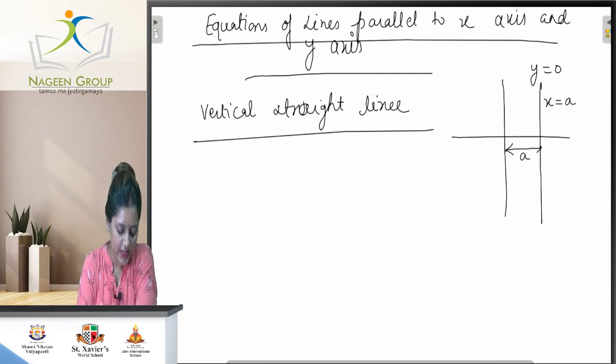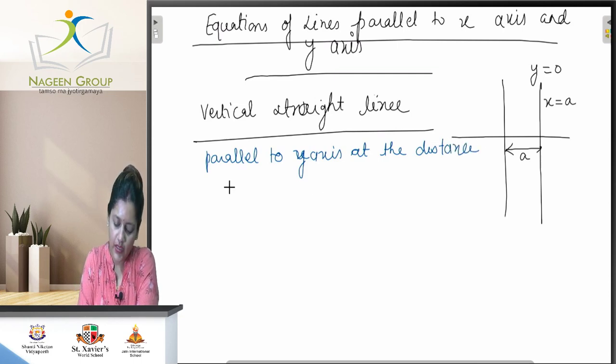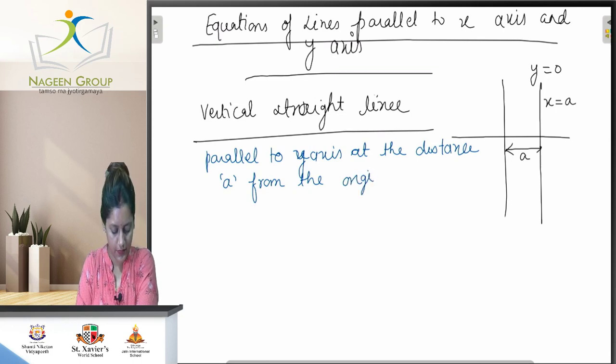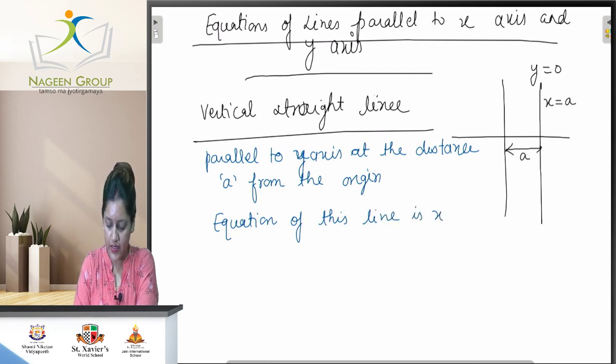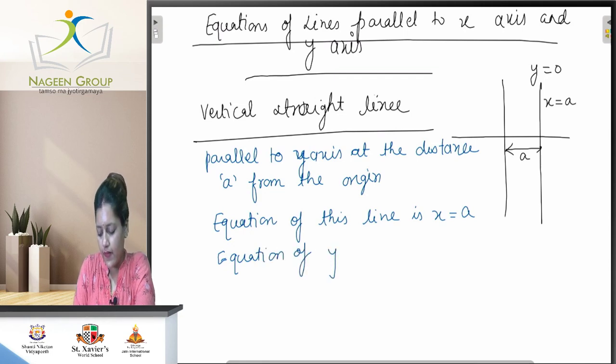So the theory of this part is that a line parallel to the y-axis at the distance a from the origin has the equation x is equal to a, and the equation of the y-axis is x is equal to 0.